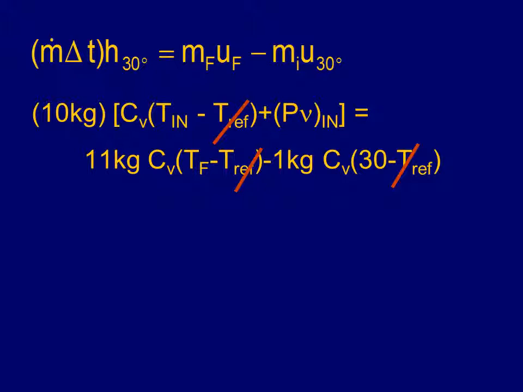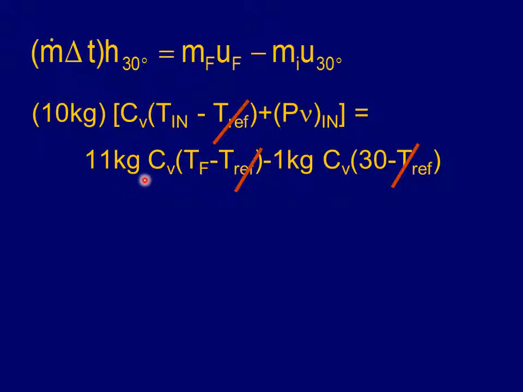Now I'm going to use this with the ideal gas equations, and we'll take the energy of the air coming in, which will be our 10 kilograms times Cv plus P, Cv delta T relative to T reference, plus P times Vn, that's pressure times the specific volume n, is equal to delta mu.